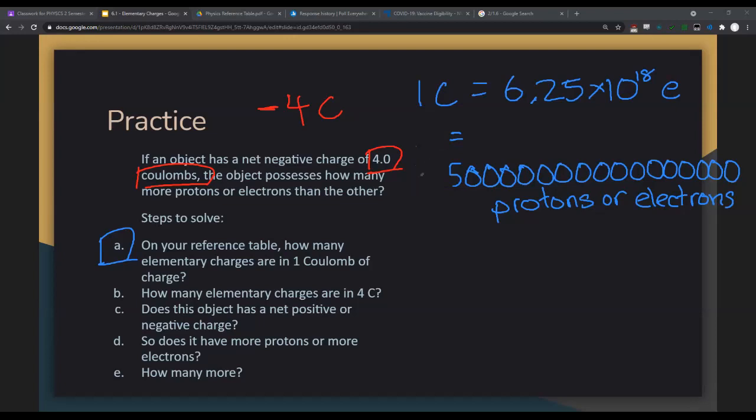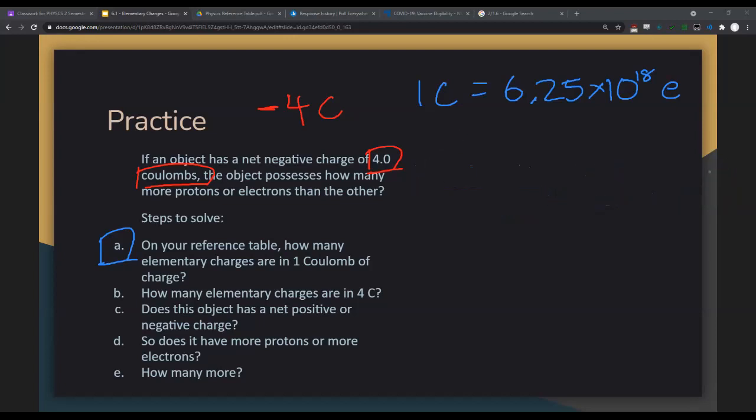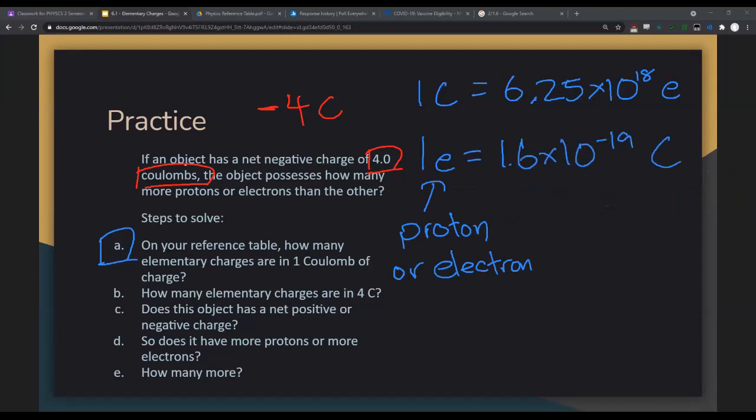And this is another thing that students get confused about. Sometimes students get confused about the units, because I say that 1 elementary charge, which is basically 1 proton or, I mean, 1 electron, has a charge of 1.6 times 10 to the negative 19 coulombs.